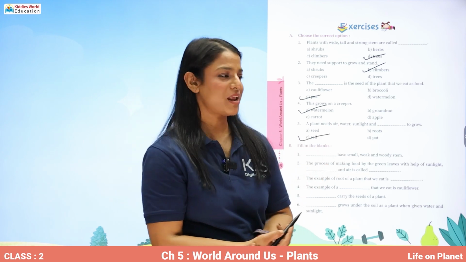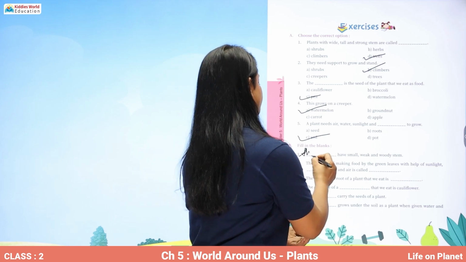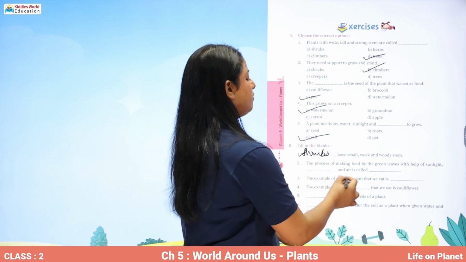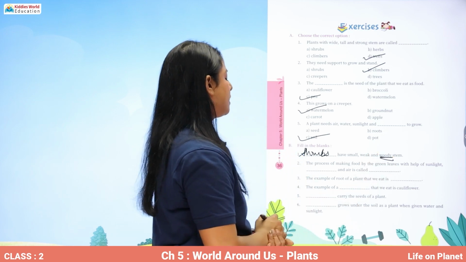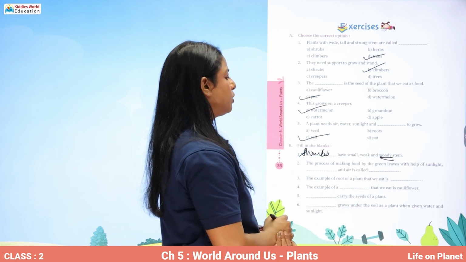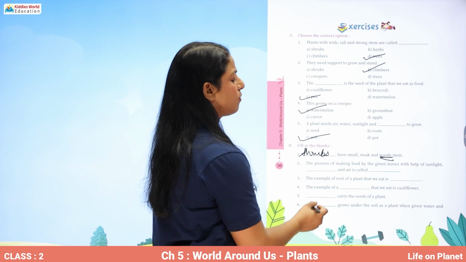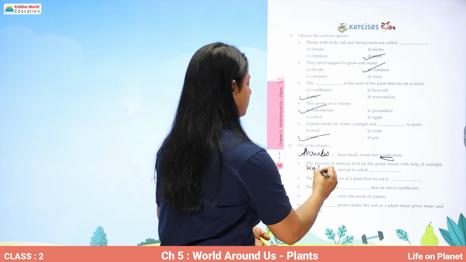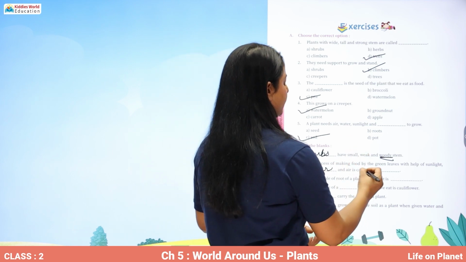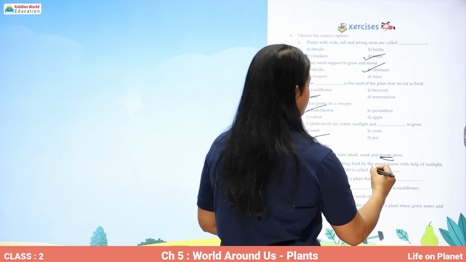Now let's fill in the blanks. Shrubs have small, weak and woody stem. The process of making food by the green leaves with the help of sunlight and water and air is called photosynthesis.